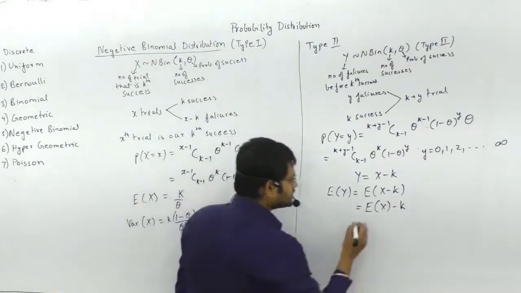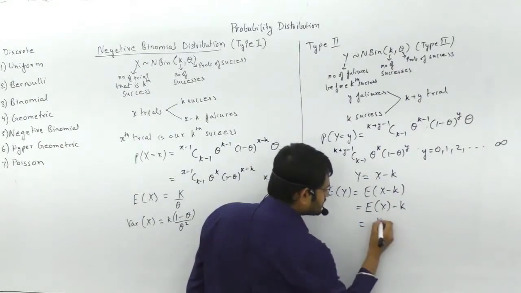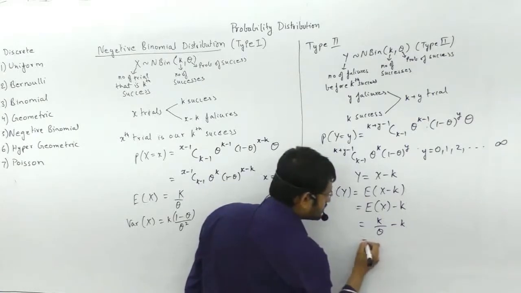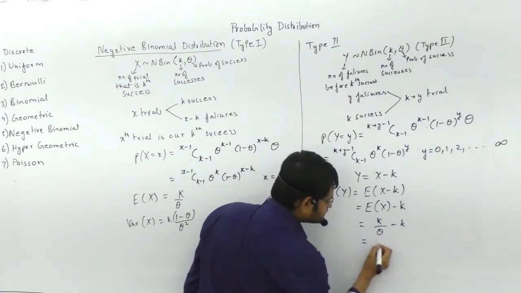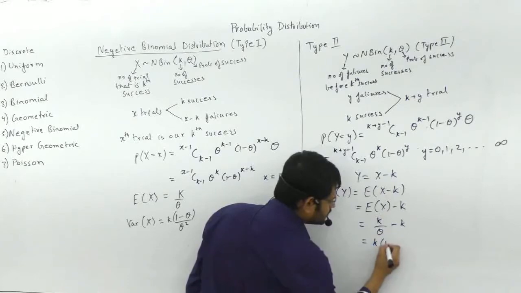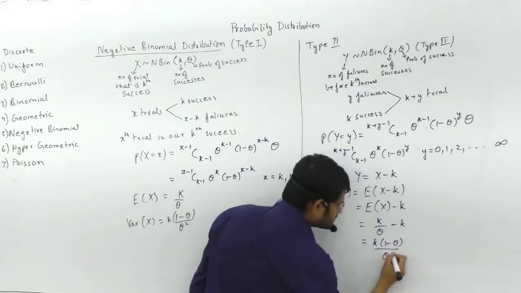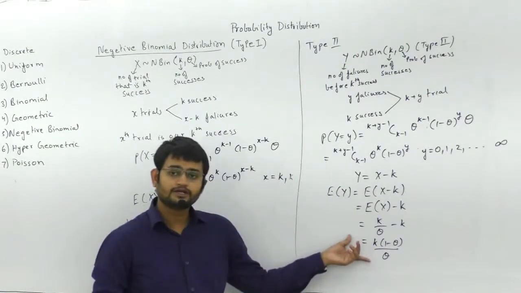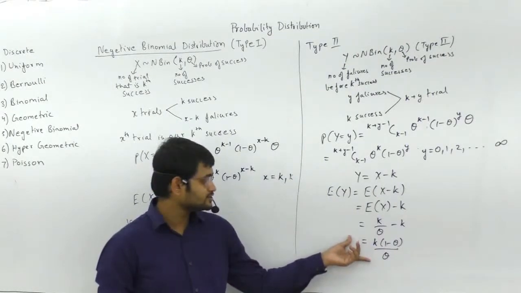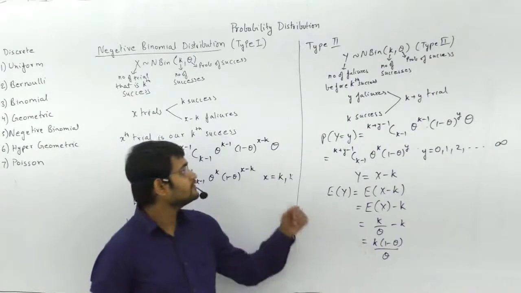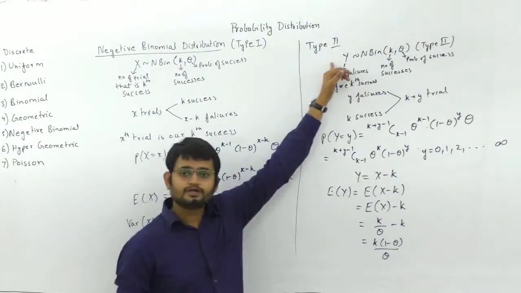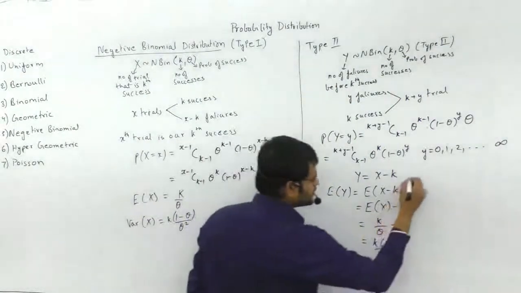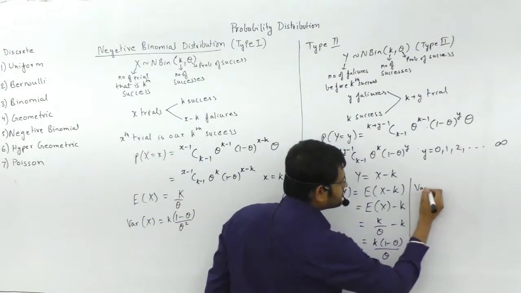So we get k by theta minus k, or we can write it as k into (1 minus theta) upon theta. Now if you see, this is nothing but k geometric distributions of type 2 will give you one negative binomial distribution of type 2.